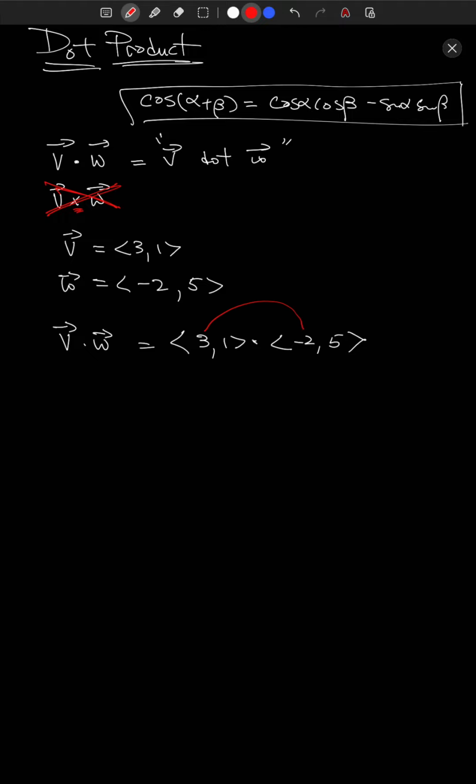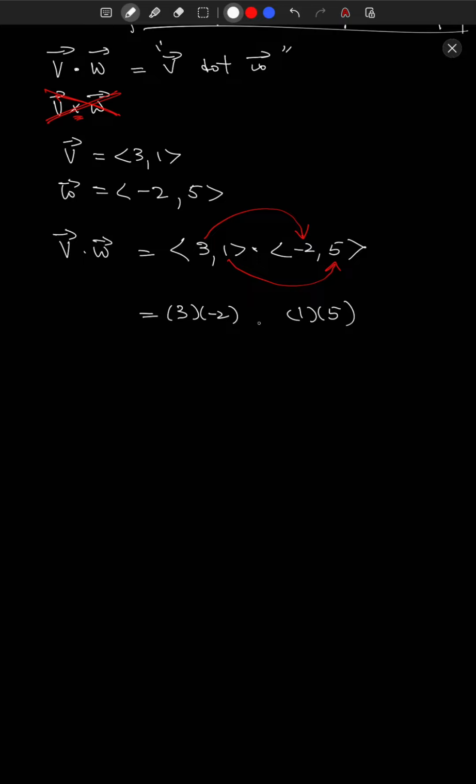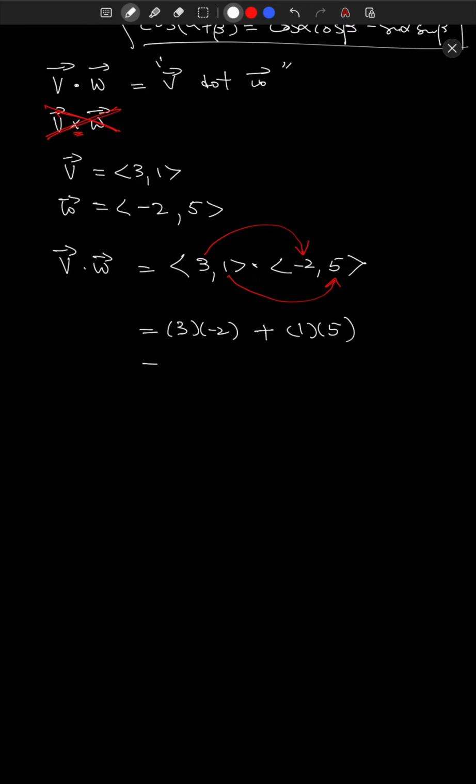So 3 times -2, and you multiply the 1 and the 5, so I'm going to have a 1 times a 5. And then you add them. Ultimately this is going to be -6 plus 5, which is -1.